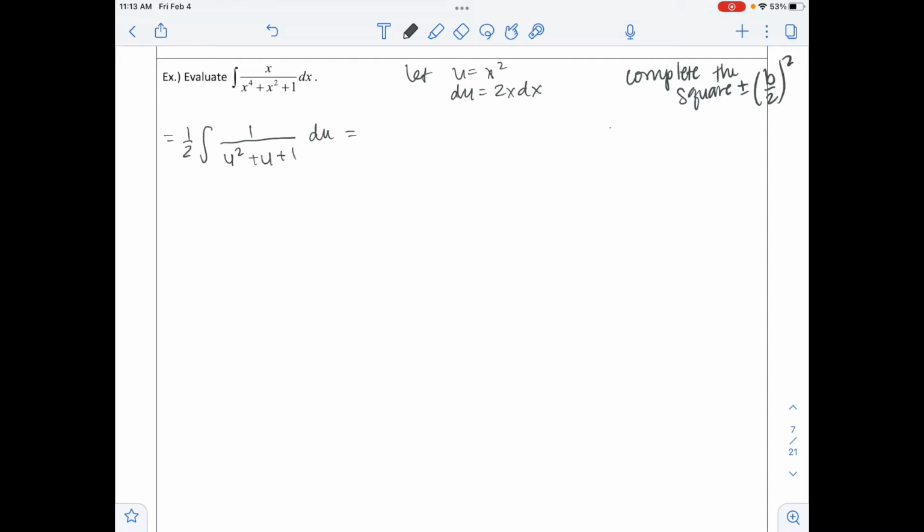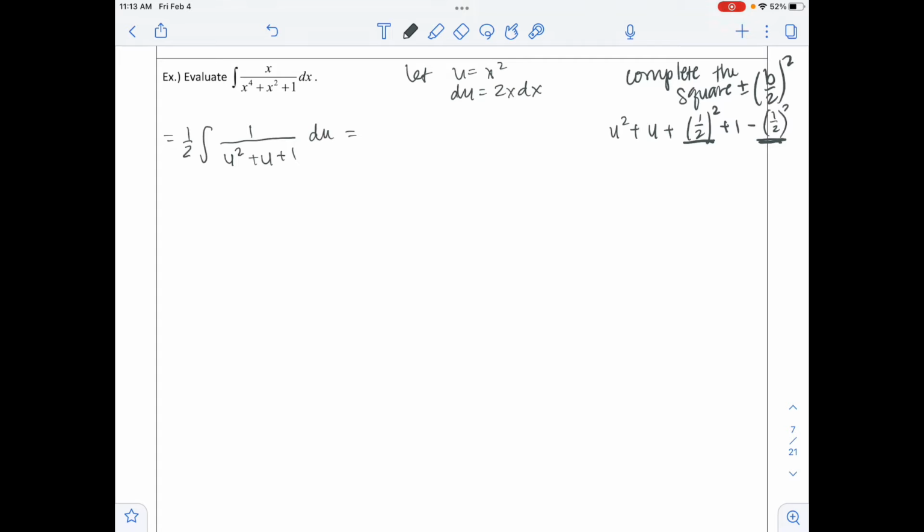And so right now I have u squared plus u, and I'm going to add in something, and then I also have a plus 1, and then I'm going to subtract that same something that we have. And so the something that goes in there is b over 2 squared, which in this case is 1 over 2 squared.